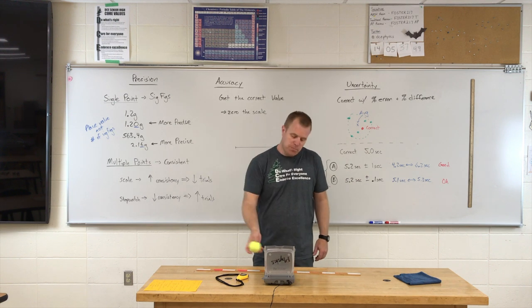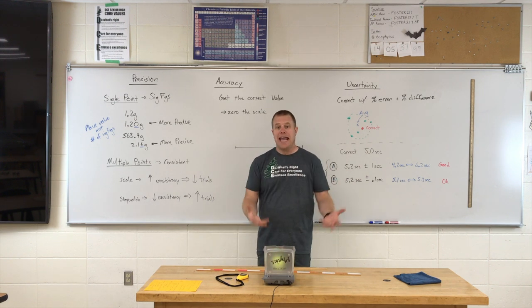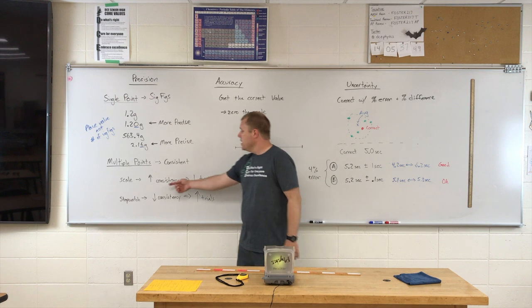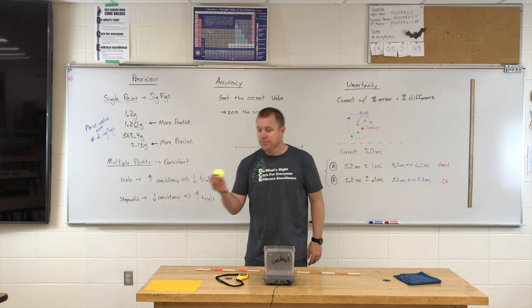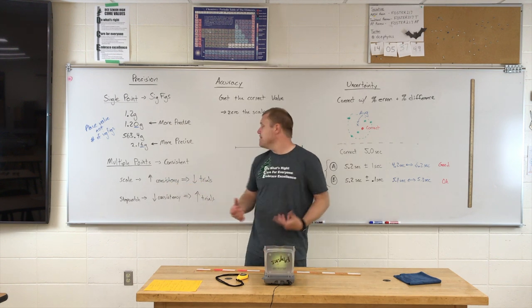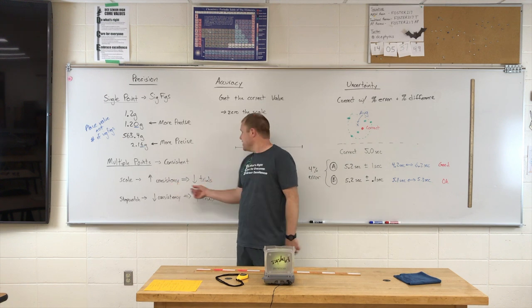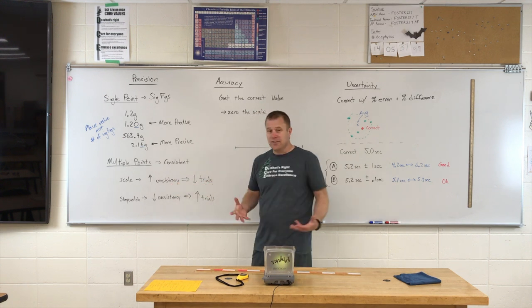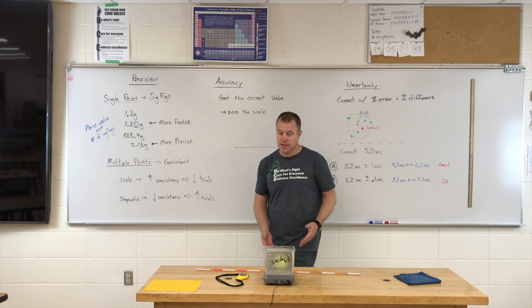So I'm going to take this tennis ball, I put it on the scale, and I get a measurement. Now, if I do this over and over again, am I going to keep getting the same value? Yes, that means I don't need to do many trials. You probably learned that in chemistry, that once you weigh it once, you're kind of done.